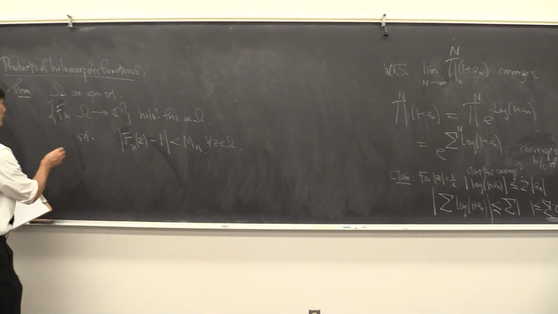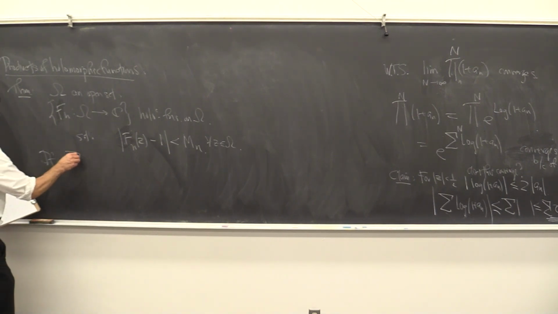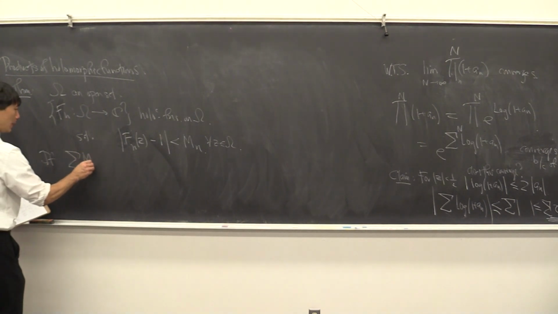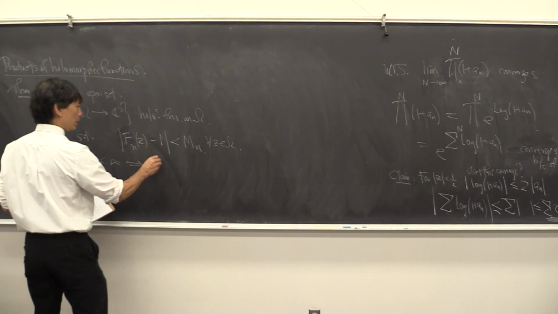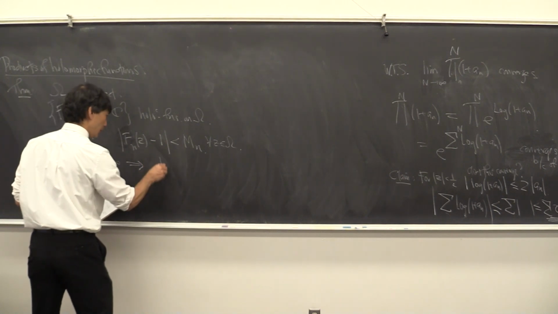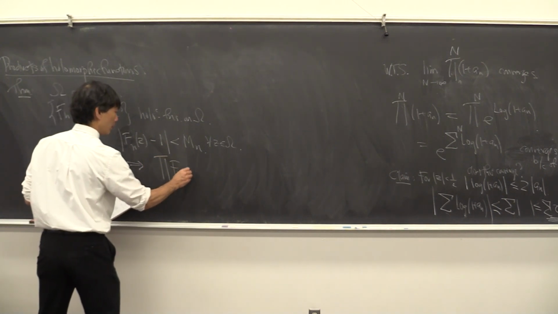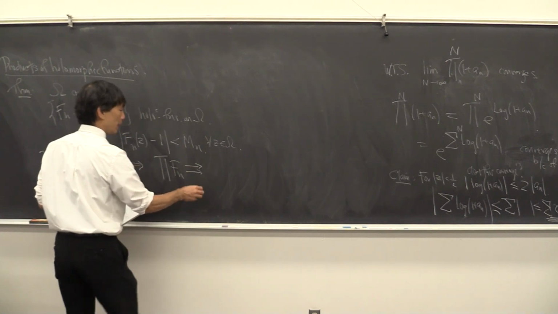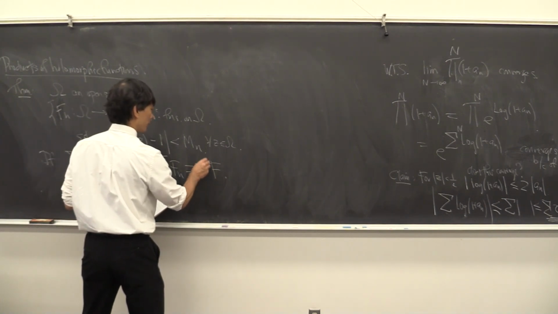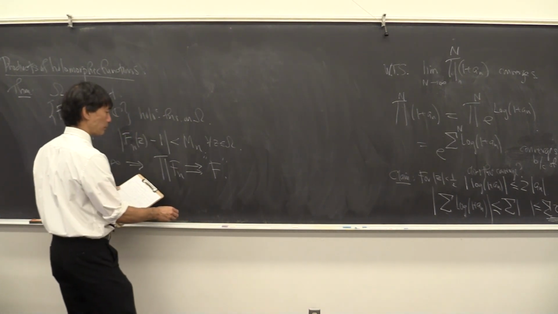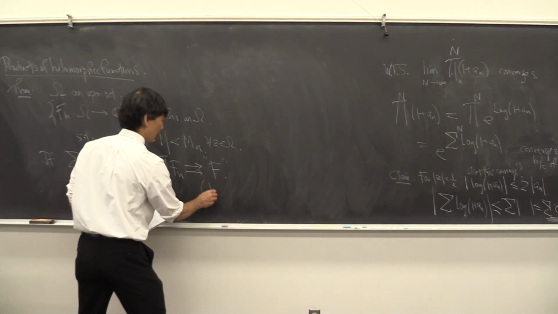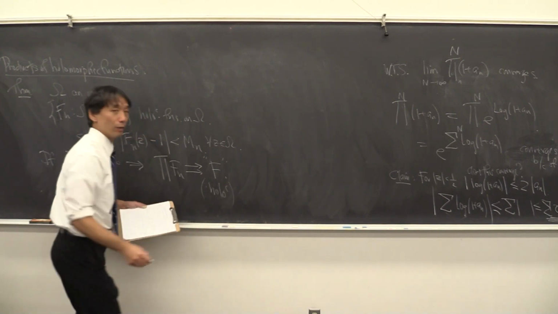Then the theorem says that if the sum of the m sub n is finite, then in fact the infinite product converges uniformly to some f, which is going to be holomorphic.